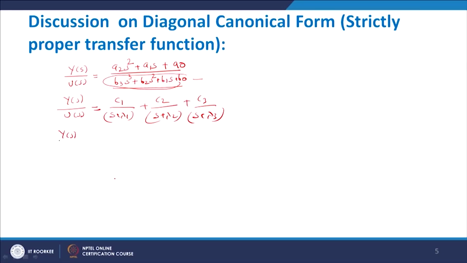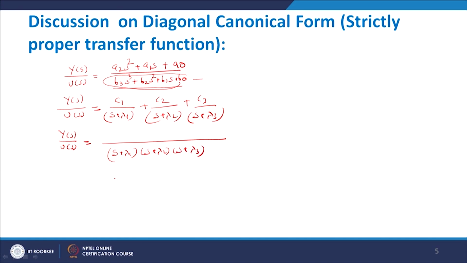Afterward, we can write this Y(s) by U(s) and solve it. So, what we will get? We will get the denominator (s plus lambda 1)(s plus lambda 2)(s plus lambda 3).